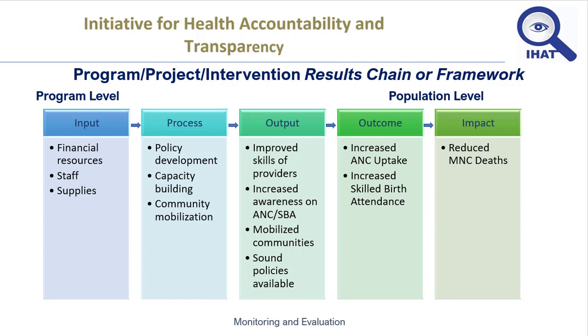We look at output: increased skills of providers, increased awareness on antenatal care and skilled birth attendance. There are also mobilized communities and also sound policies. These are all examples of outputs. Outcomes include increased antenatal uptake or increased skilled birth attendance, while the impact has to do with the reductions that I have made examples of earlier.